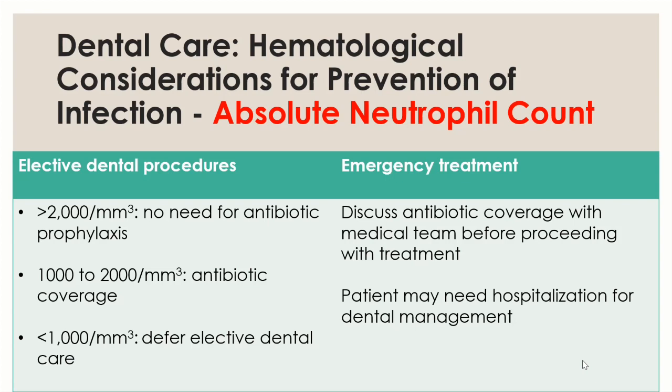However, if the count is between 1,000 and 2,000, then antibiotic coverage should be considered. If it is less than 1,000, it is important to defer dental treatment. For emergency treatment, it is important to discuss antibiotic coverage with the medical team before proceeding with the treatment, as the patient may require hospitalization for dental management.